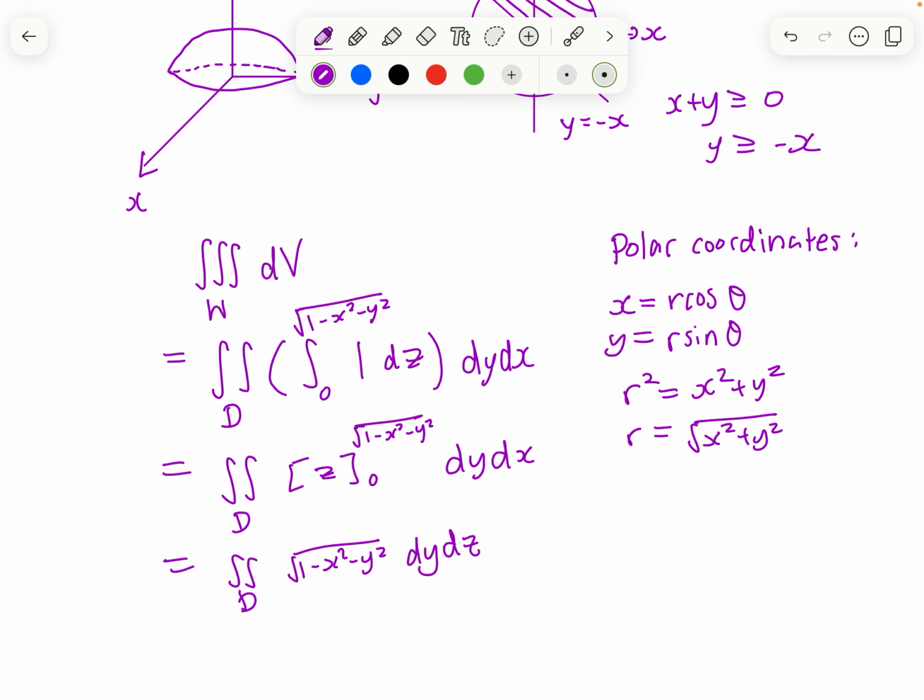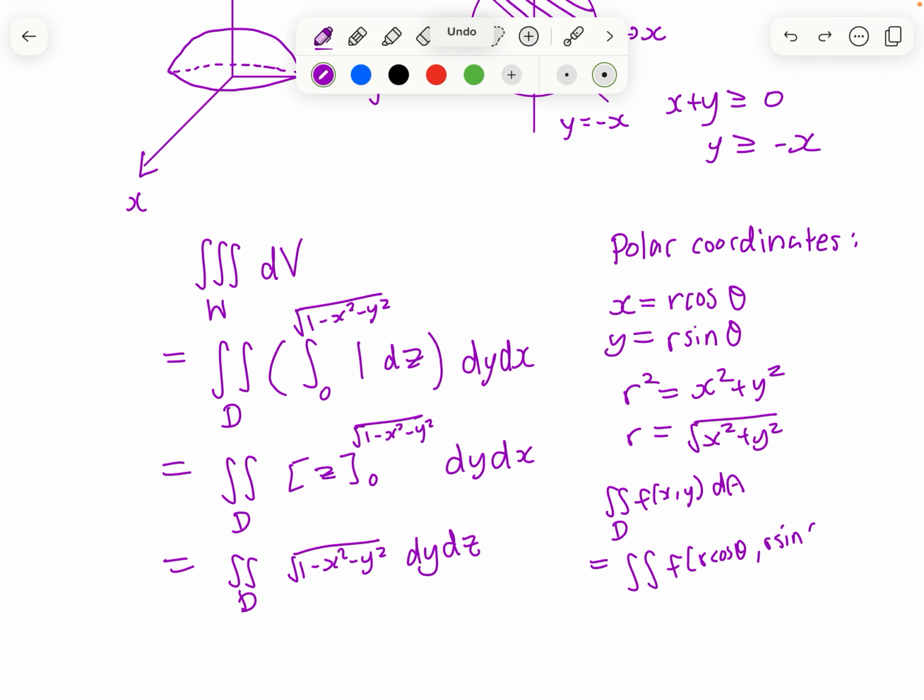This is very useful, and note that we have the two variables r and theta in this case. The general formula for polar coordinates is that we have a double integral of a function, and we can rewrite that in polar coordinates to be f of r cosine theta and r sine theta.